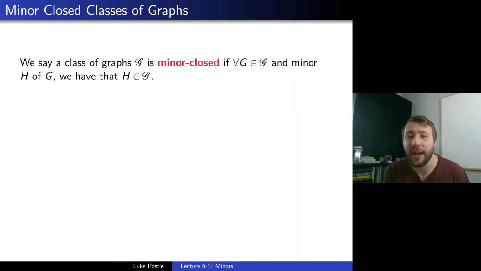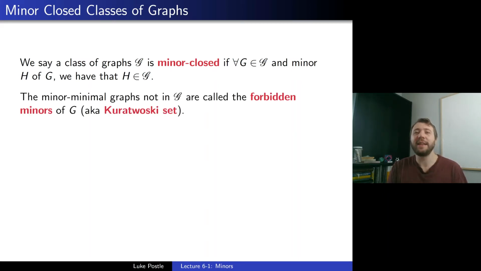We say a class of graphs G is minor closed if for every graph g in G, and every minor h of g, h is in the class. That means it's closed under taking minors. And indeed, planarity is like that. We knew it's closed under taking subgraphs, but if you contract two adjacent vertices, you can maintain the embedding.